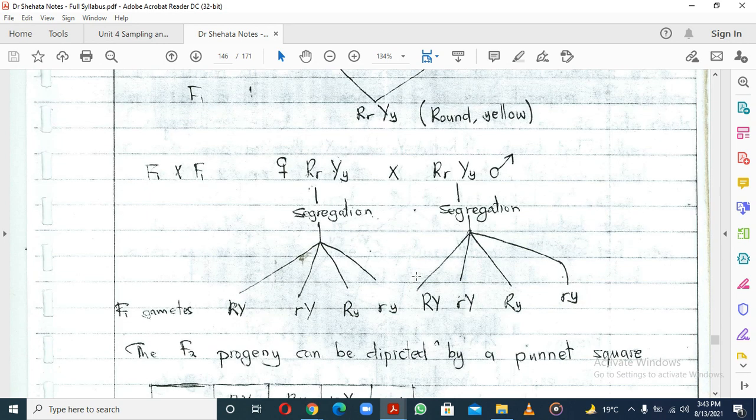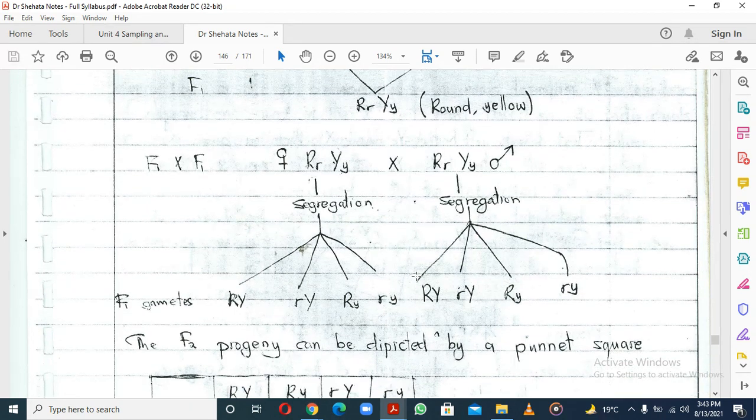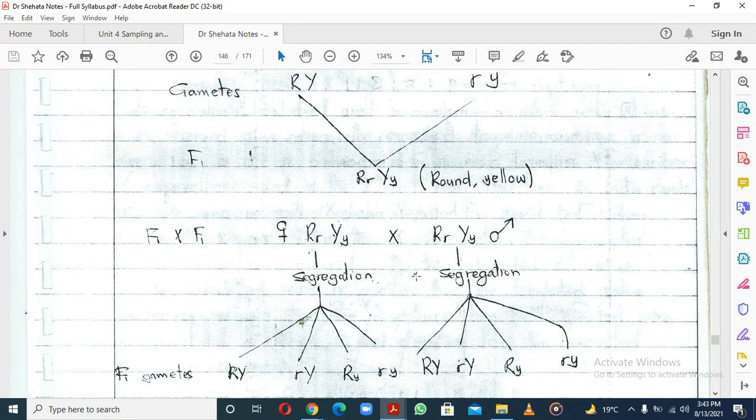Now, when we go a step further, we now cross the generations, right? By crossing the generations, we mean that those offspring which were produced in the F1, the first filial generation, we get those and say, let's self-pollinate them, right?